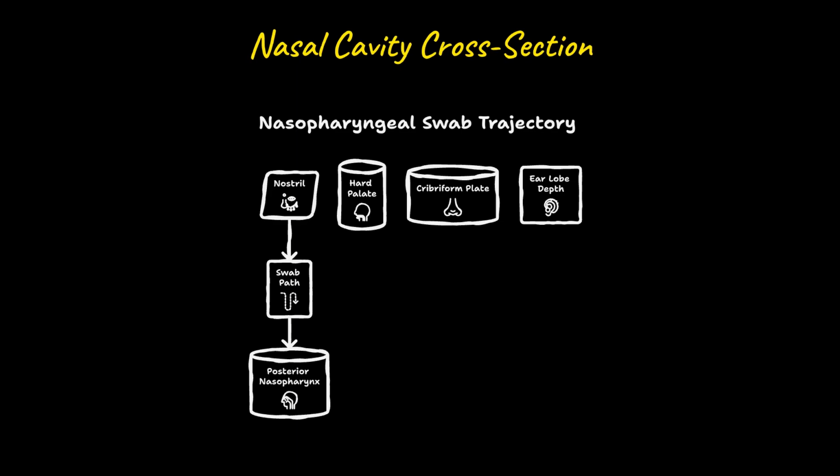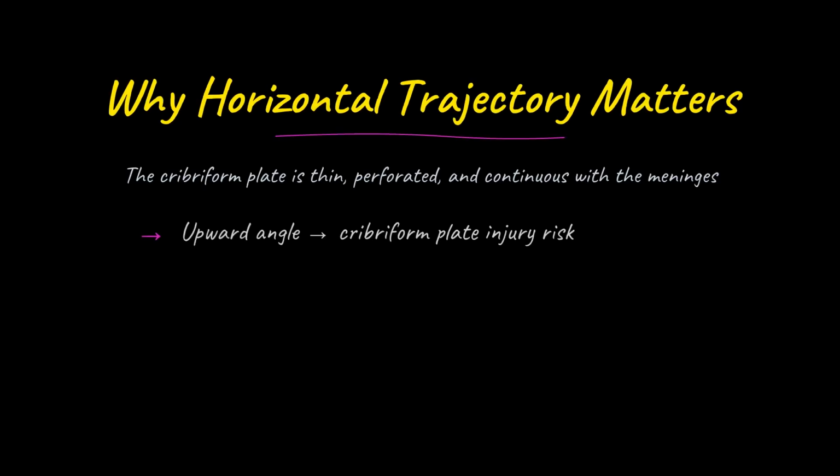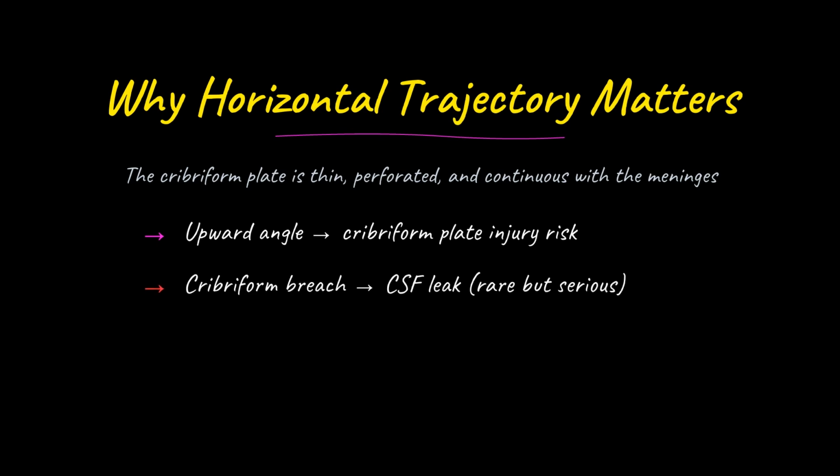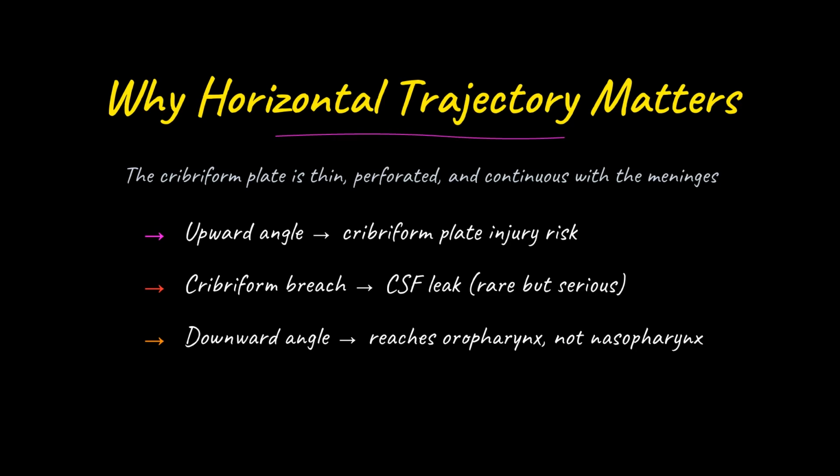The swab travels horizontally from the nostril to the posterior nasopharynx, staying well below the cribriform plate and above the dental structures. Angling the swab upward toward the eyes risks injuring the cribriform plate, which can cause a cerebrospinal fluid leak. Angling downward misses the nasopharynx and reaches the oropharynx instead.